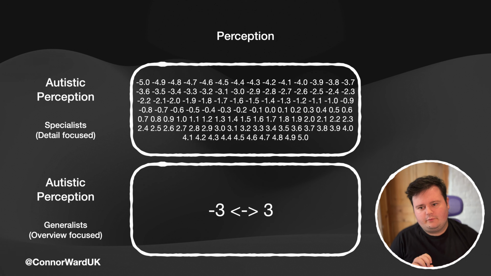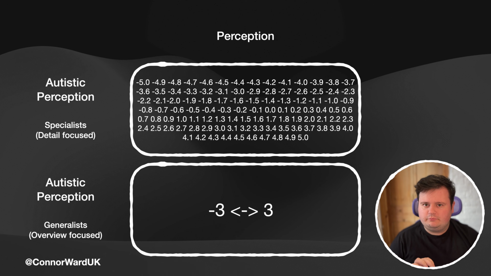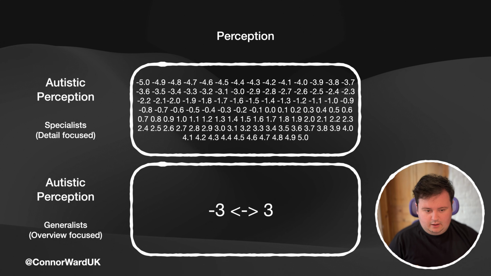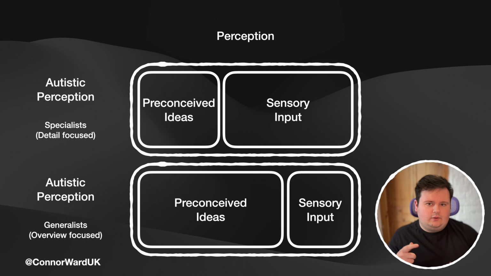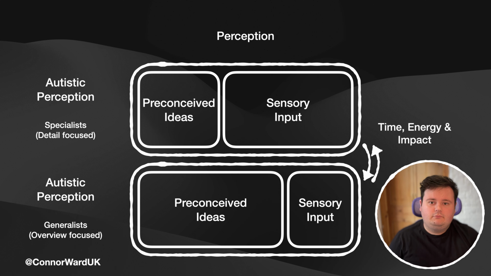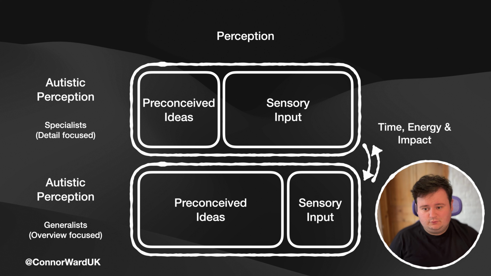And I think if we put them in this context, it helps give an idea as to why one shouldn't be deemed as less than. They're just different. And quite simply, with these different types of inputs going on, we can force our brains to get to the other type of thinking. It's just that they take more time, energy, and impact as a result of that.